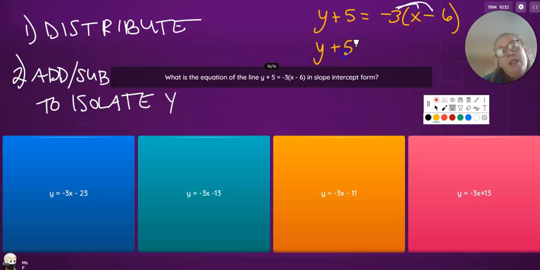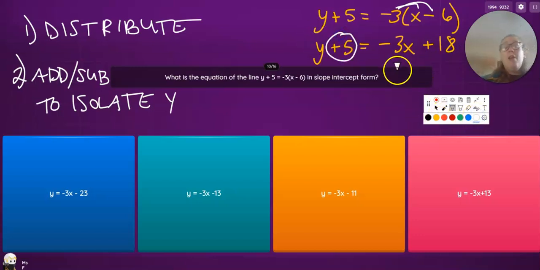So y plus 5 stays the same. Negative 3 times x is a negative 3x. Negative 3 times negative 6 is that positive 18. Beautiful. Now we want to get y alone, so we need to add or subtract to get rid of that y.